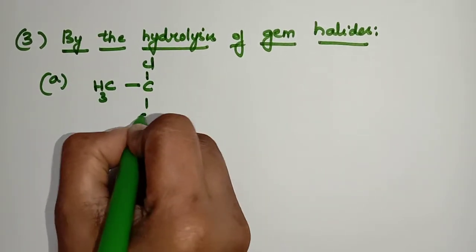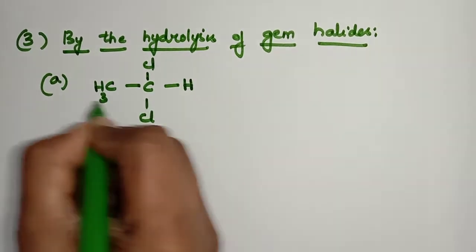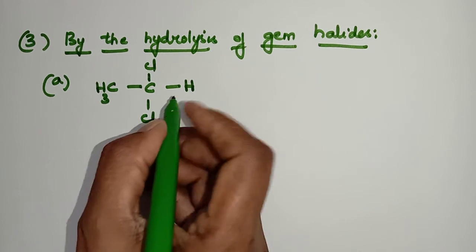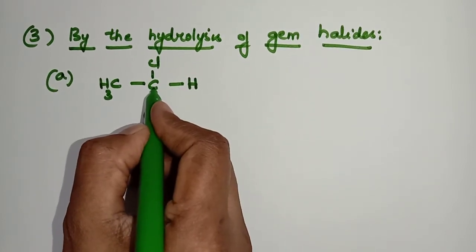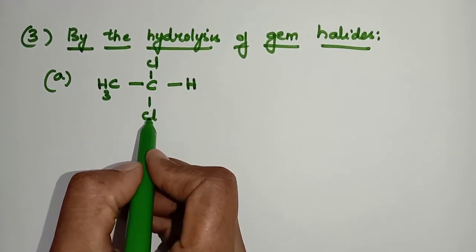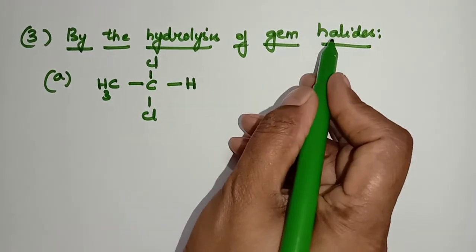What is the meaning of a gem halide? CH3 C Cl Cl H. So if the terminal carbon has halogens over it, it is called a gem halide.